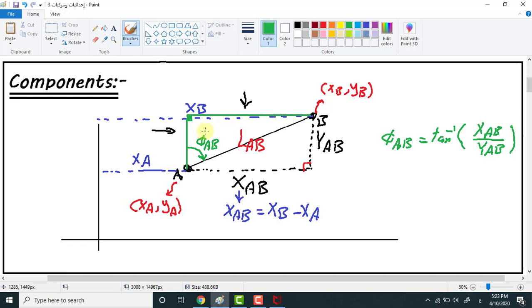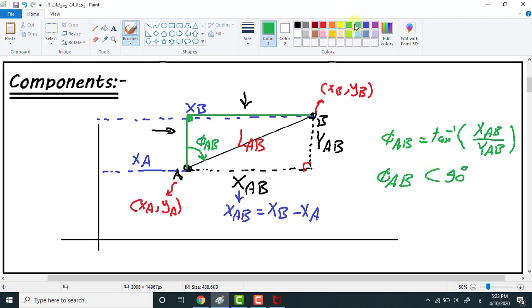And because the summation of the internal angles in any triangle equals 180 degrees, and this angle is a right angle, equal to 90 degrees, phi AB is always less than 90 degrees.